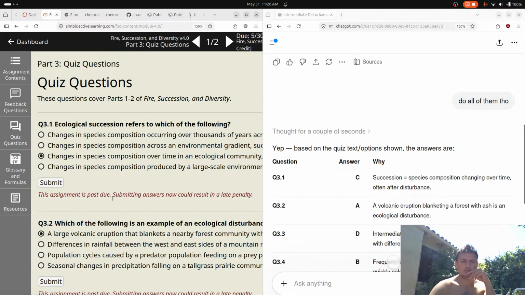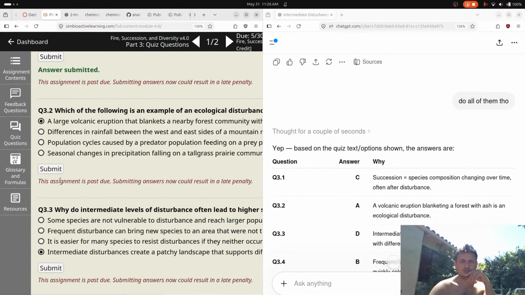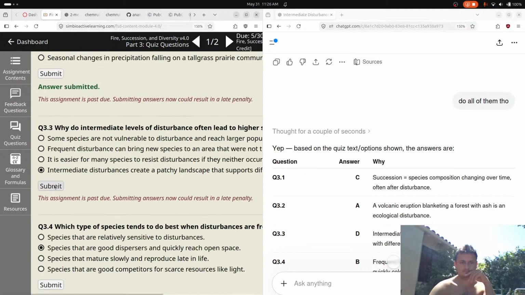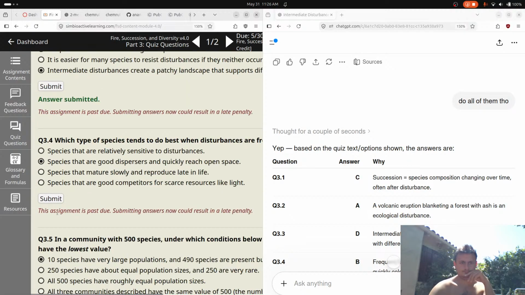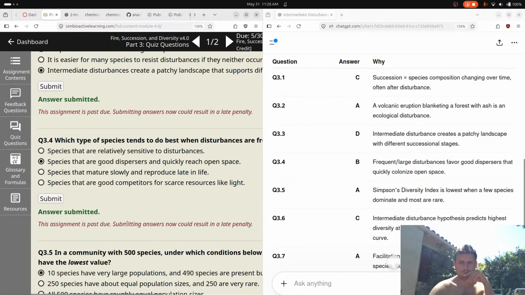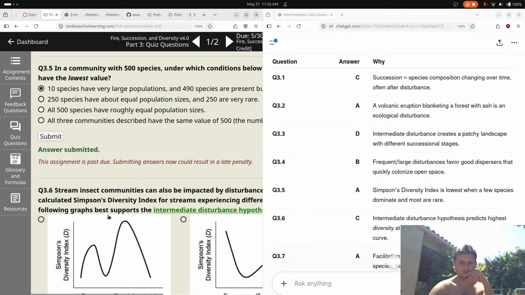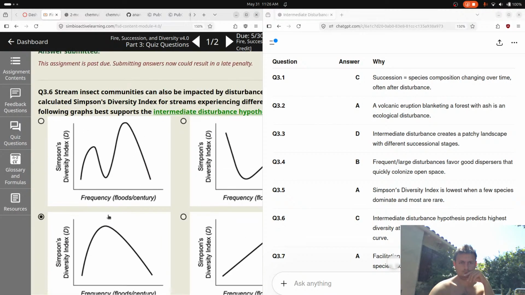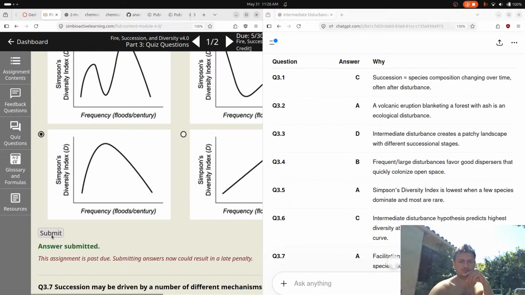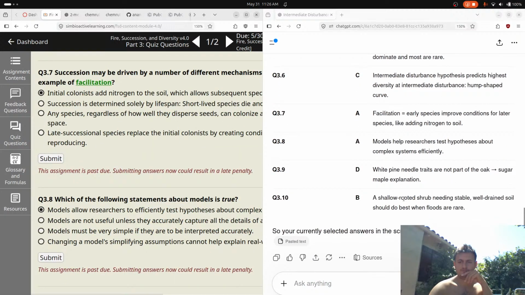Yeah. I mean, these ones were easy. I can't tell which is C, but it's obviously this one. 7.